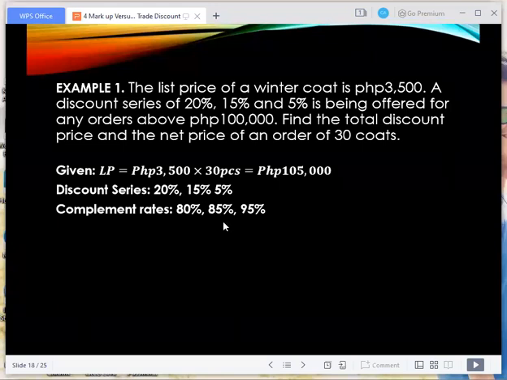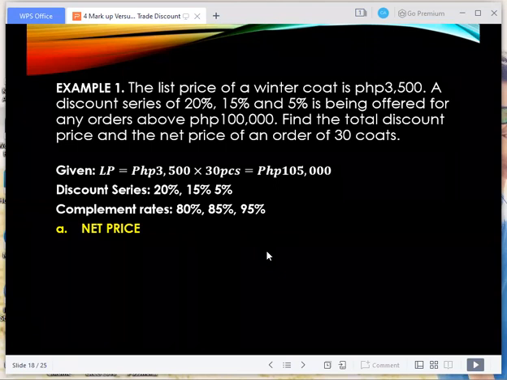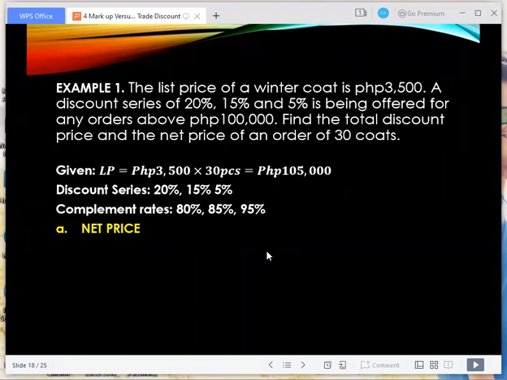This is just the same as 1 minus 0.15 is equal to 0.85. And the complement rate of 5% is 95%. So when you convert this into decimal, you get 0.8, 0.85, and 0.95.